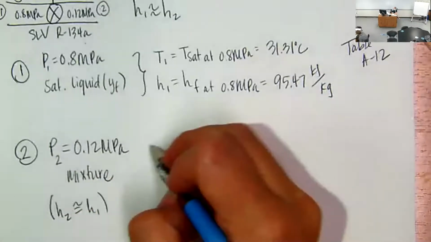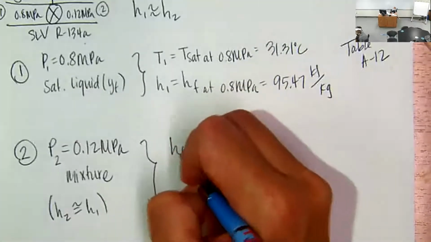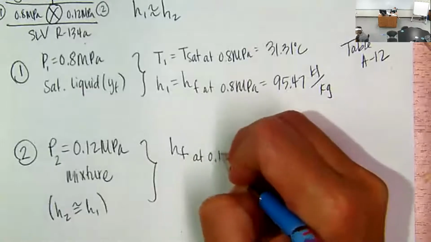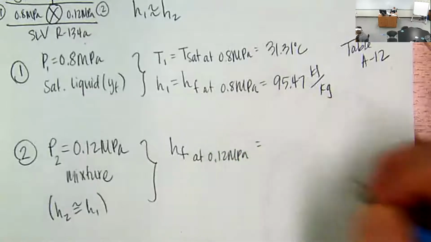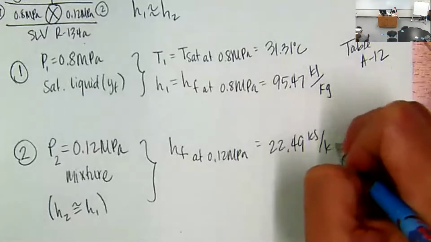So when we look at our property table, table A12 again, we can see that our h sub f at 0.12 megapascal is equal to 22.49 kilojoules per kilogram.